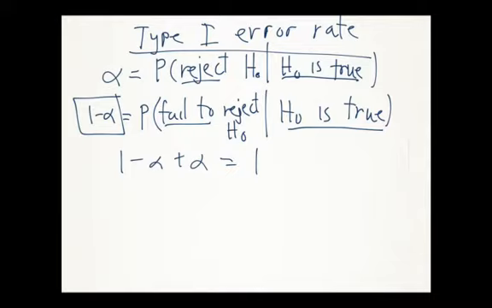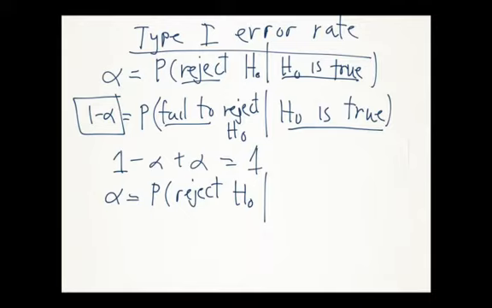Okay, so what about in this example that we're talking about? Alpha is equal to the probability that we reject the null given that the null is true.